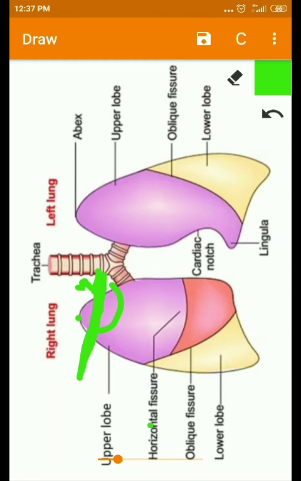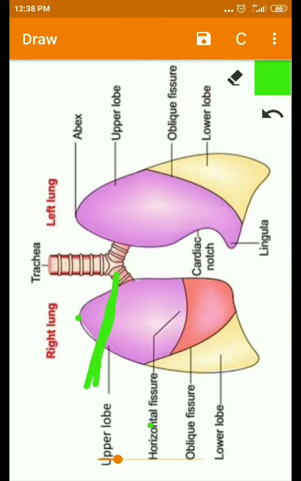Actually it is originating from the vertebral column, and this scalenus anterior is inserted over the first rib. Okay, so these are the relations of the apex of the lung.